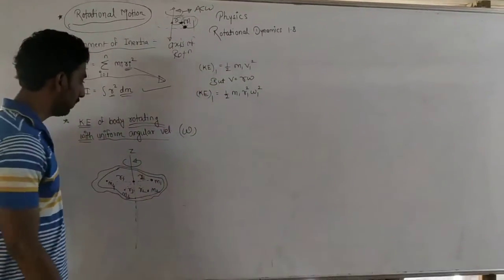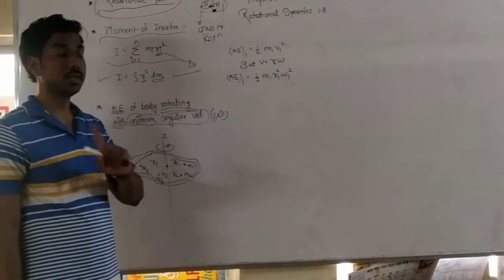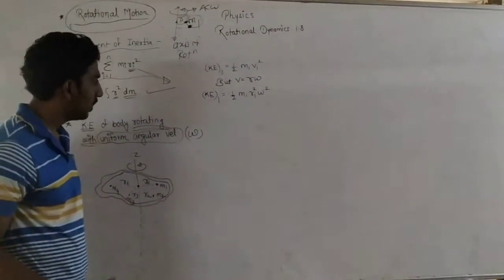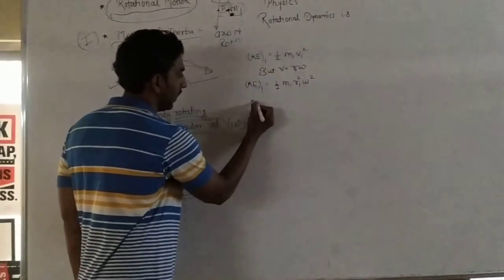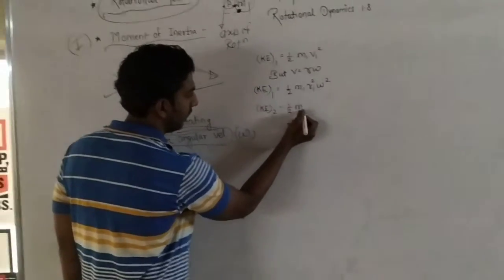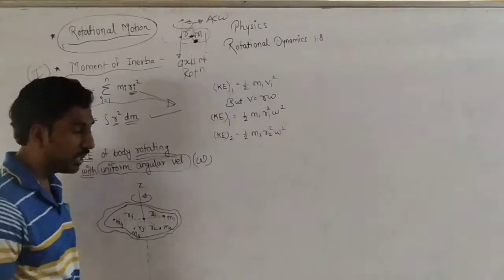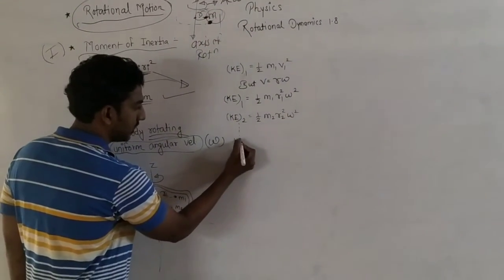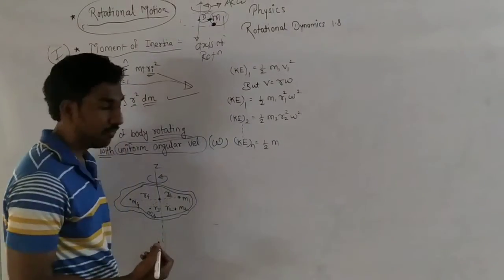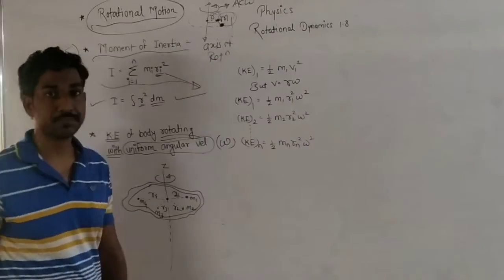But students, in the exam question omega is given as constant, so we don't need omega1 or omega2, it will be just omega. Similarly, for the second particle the kinetic energy will be half m2 r2 square omega square, and for the nth particle half mn rn square omega square.